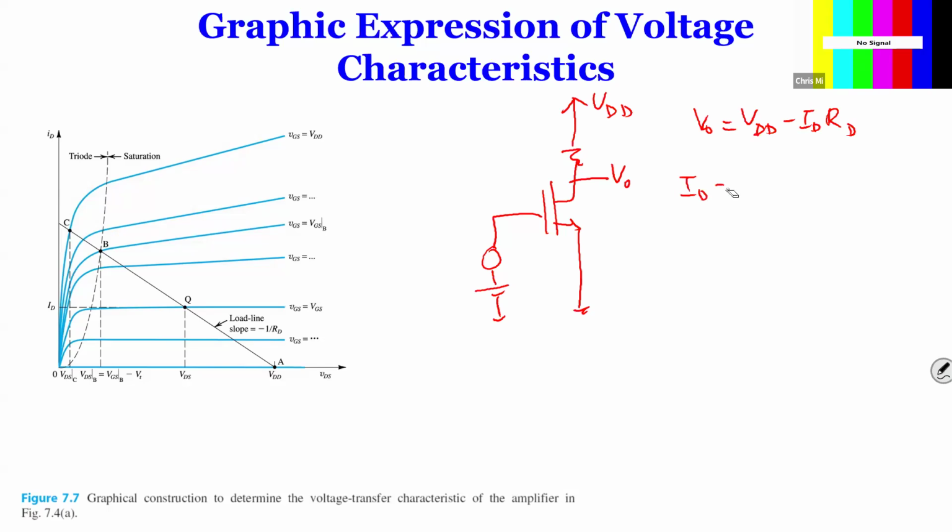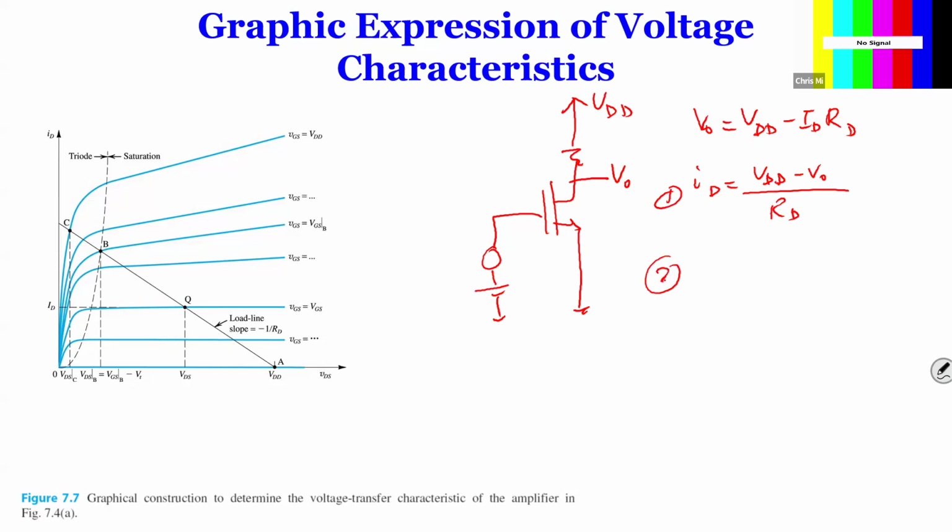ID equal to VDD minus VO divided by RD. So that's equation number one.